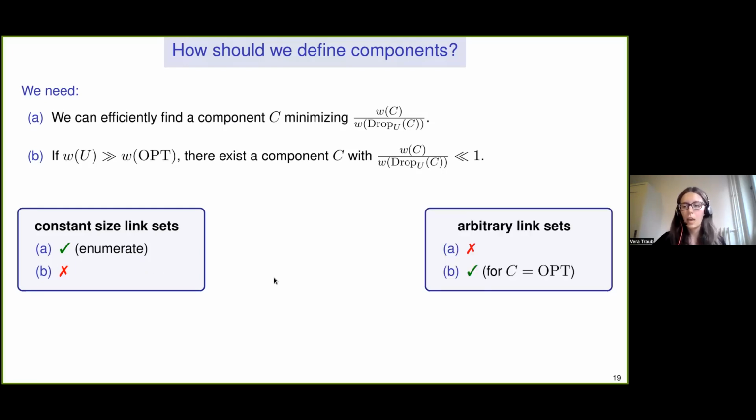Now another good candidate, at least for a sanity check, is to allow arbitrary link sets. If we have arbitrary link sets, property B becomes trivial, because as a component we could always take the optimum solution. Then if I add the optimum solution, I can drop everything from U. So the drop here will be just the whole set U. If the weight of U is still much larger than opt, then I can just replace everything of U by opt, and this will be a good exchange.